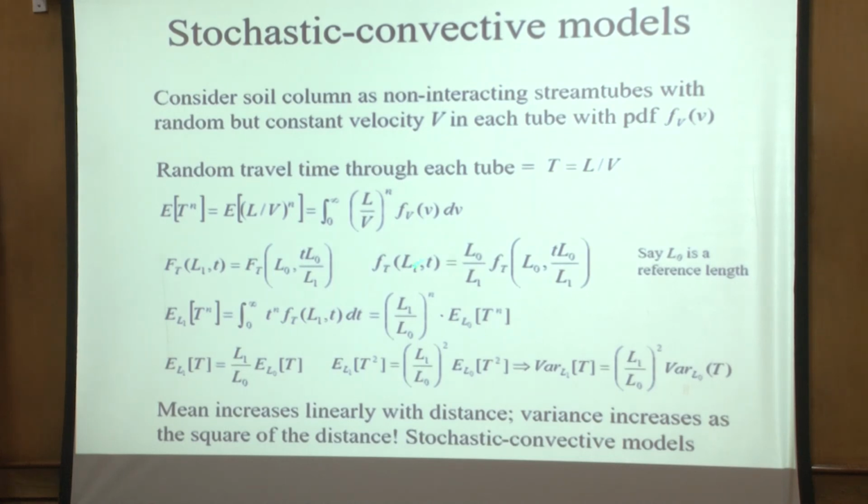Using each of these distributions, you will figure out what the travel time distribution is at some other distances. So for the reference column, the data that you are given for a column of length 100 centimeters, you will find out what it is going to be like for 200 centimeters, and at 50 centimeters. For the ADE model, you will do it using this method.